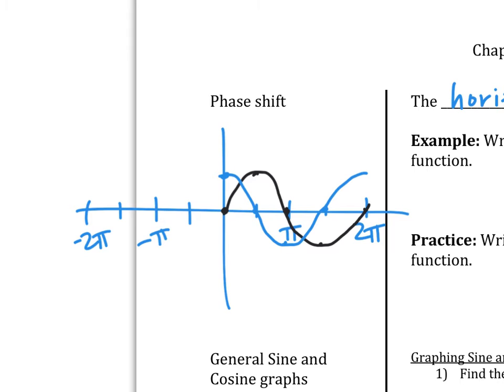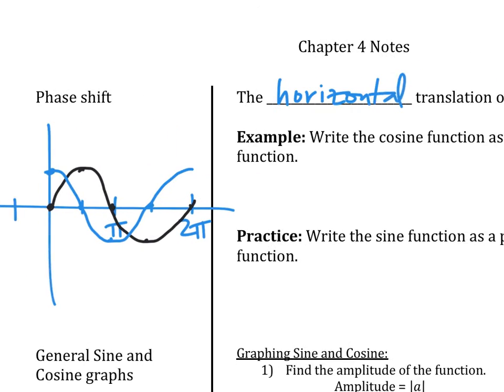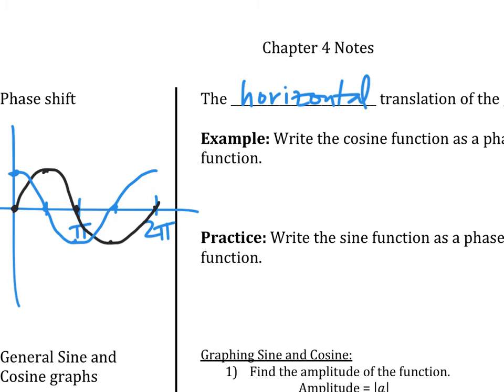So we can see that phase shift is basically saying, how much are they offset by? So if we want to write the cosine function as the phase shift of sine function, what that means is we want cosine x to be sine function with some kind of movement left and right.